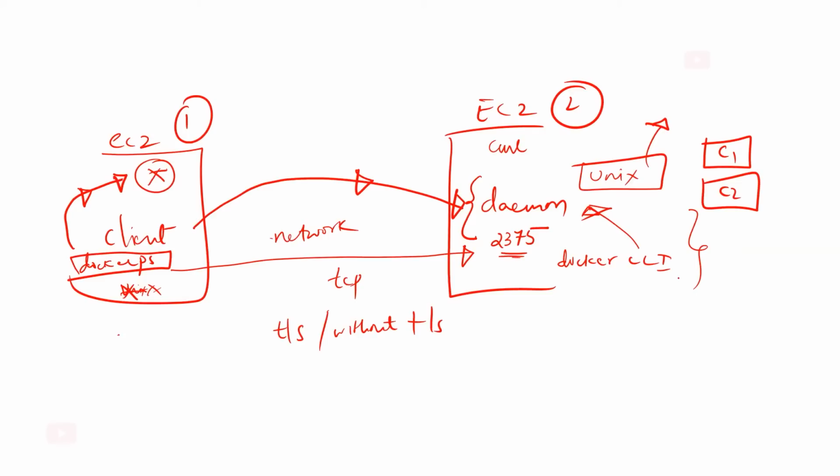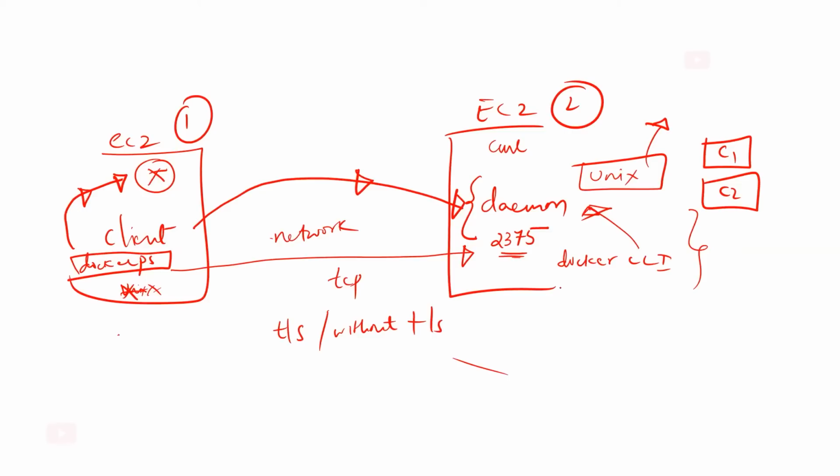Clear, guys? But what is the disadvantage with this? Here this daemon is just listening on 2375. Anyone who has access to this port can easily talk to the daemon, create containers, destroy containers, access your data. They can do anything.